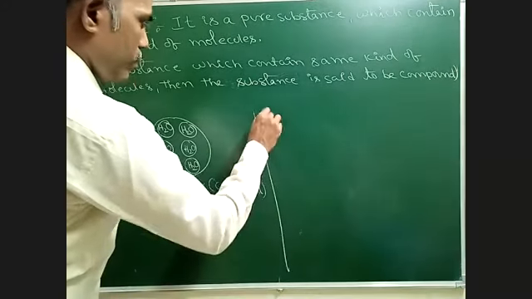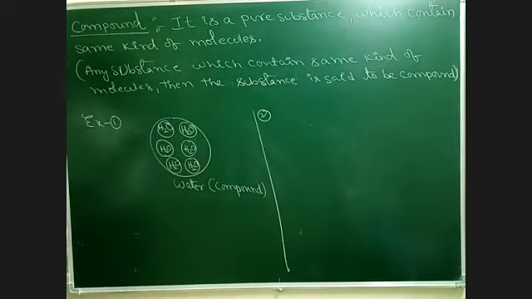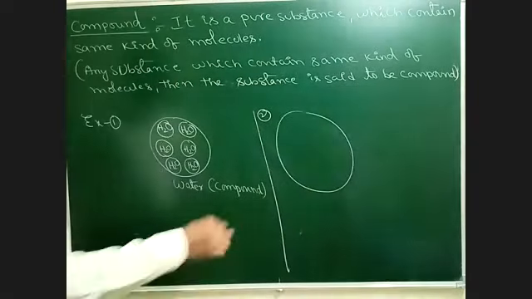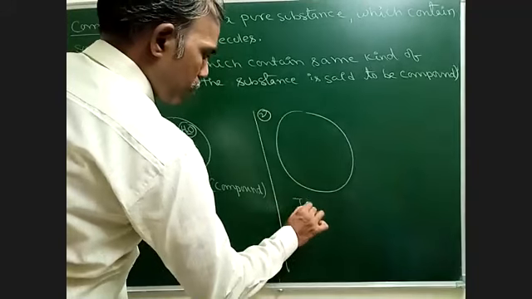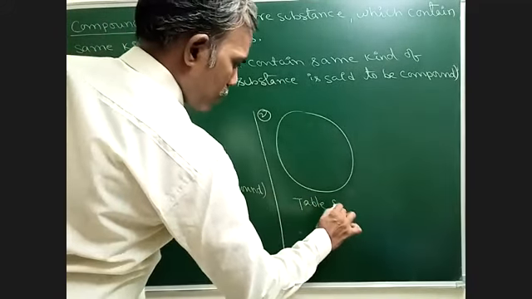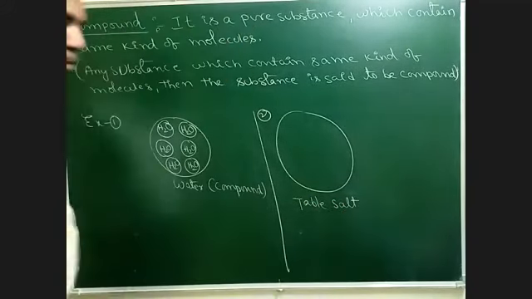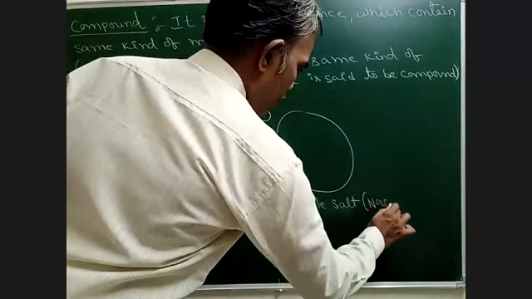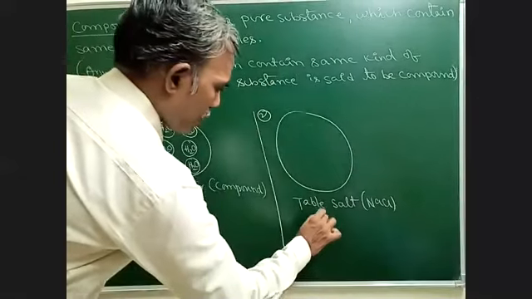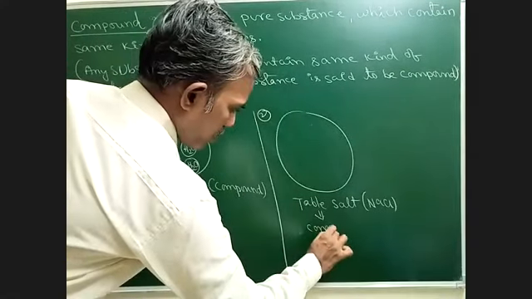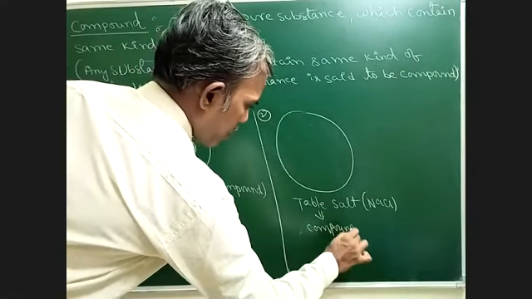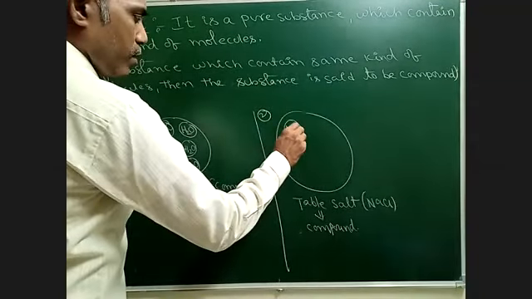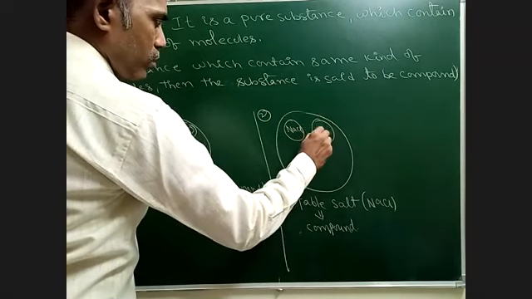Second example, NaCl, table salt. The formula is NaCl. Table salt is a compound which contains only sodium chloride molecules.